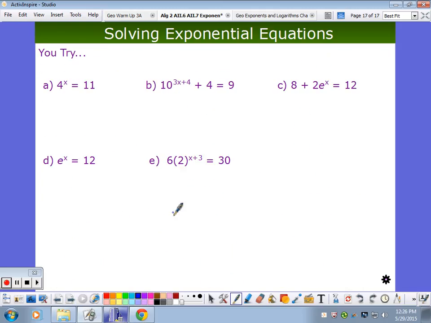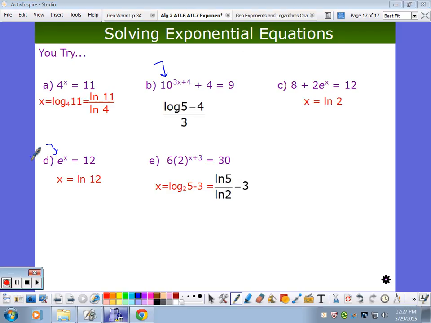It was cool. Okay, up to you. Give it a shot. Give it a go. My suggestion when you get to here, should you use ln or log? This one? Base 10, use log. It'll be easier. If it's base e, definitely use ln. That's my hint. I put the answers here in terms of the log.